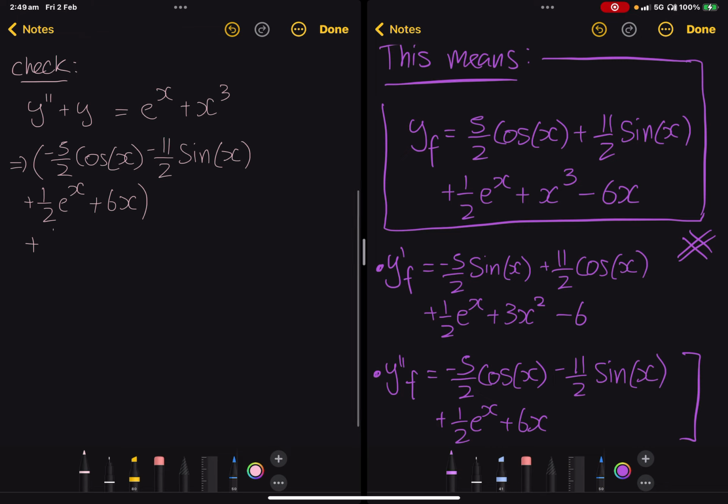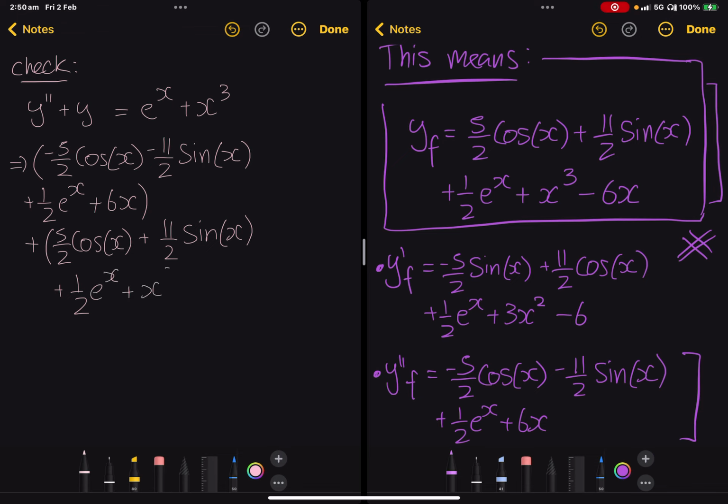So plus y, which is this function up here: plus 5 on 2 cosine of x, plus 11 on 2 sine of x, plus 1/2 e to the x plus x cubed minus 6x, is apparently all equal to e to the x plus x cubed.